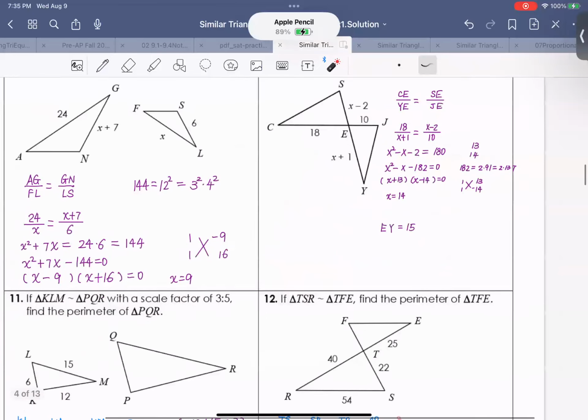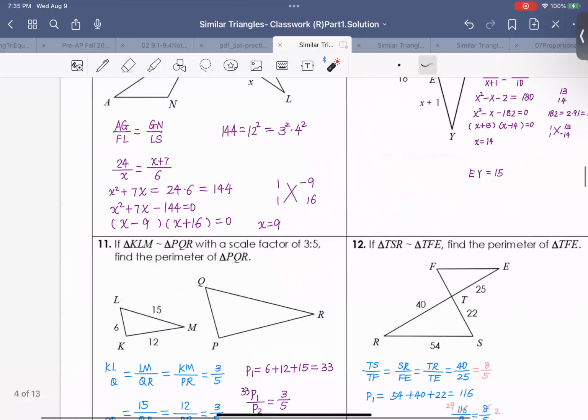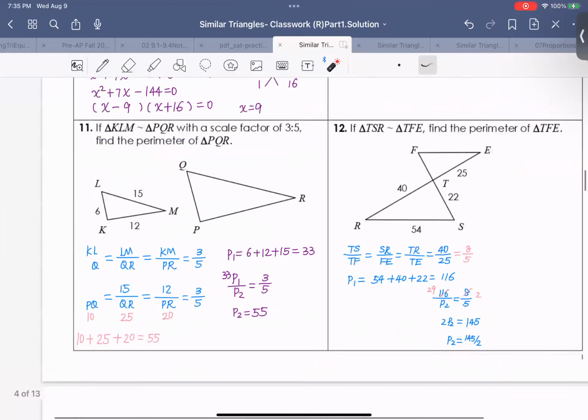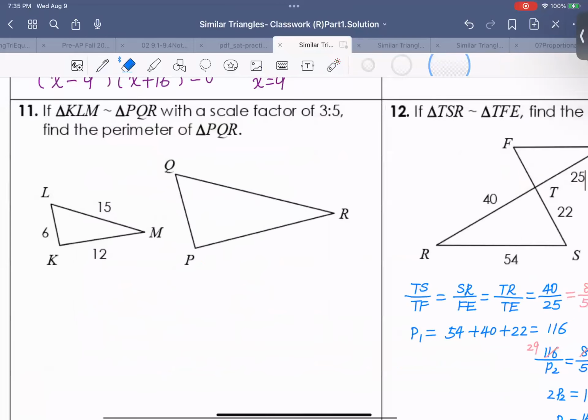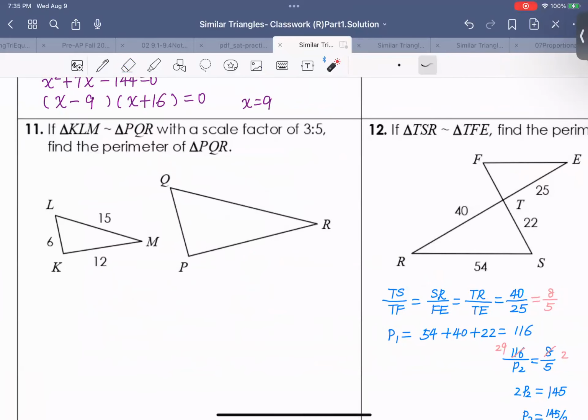That's pretty good. Timothy, you improve a lot. That's very good. And next one. This is a little bit different, just a very small change. So over here, you are not looking for each individual one, but you want to look for the parameters. They tell you the scale factor.